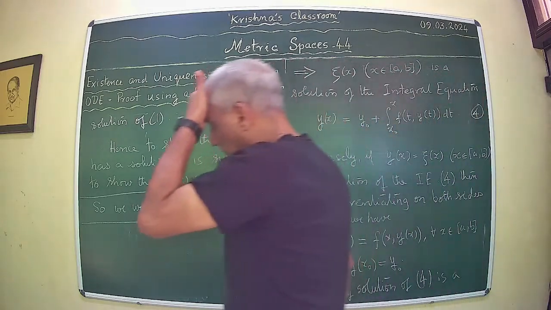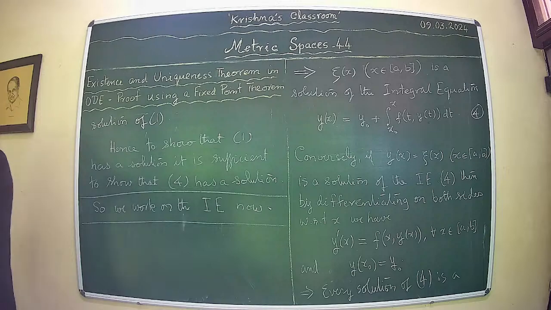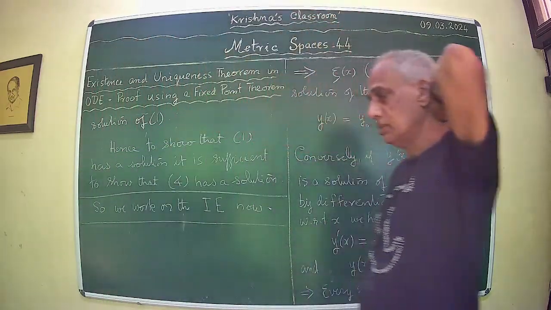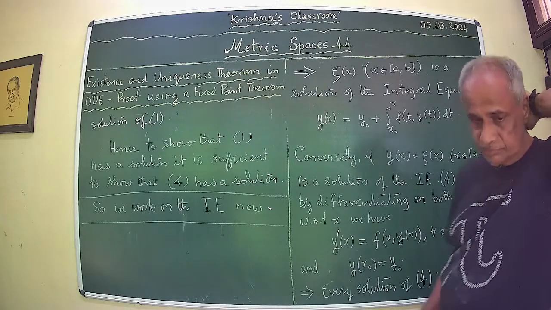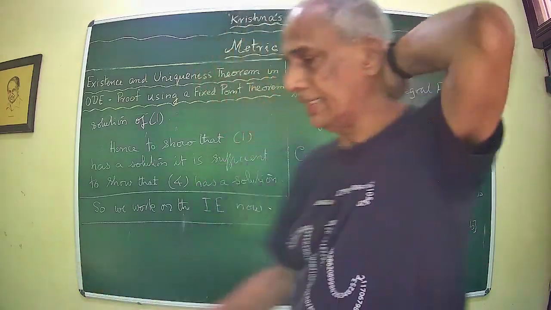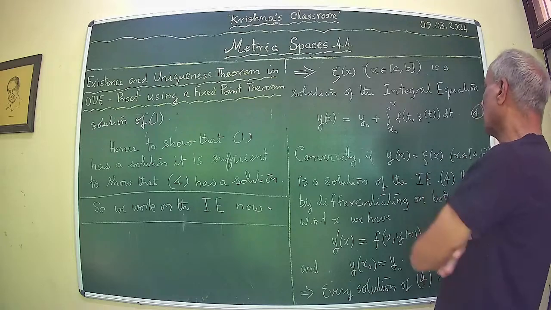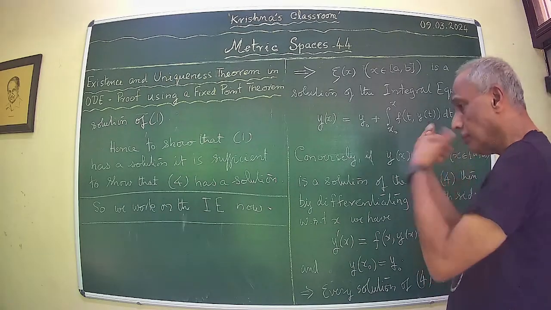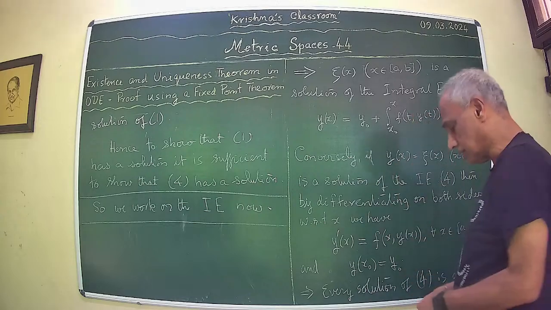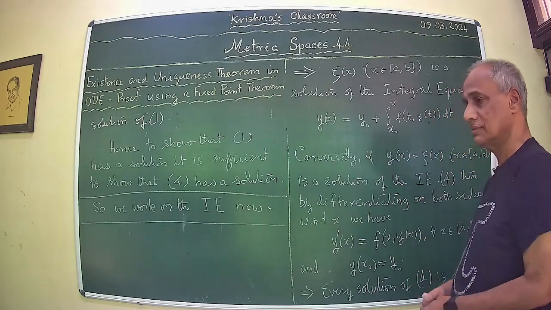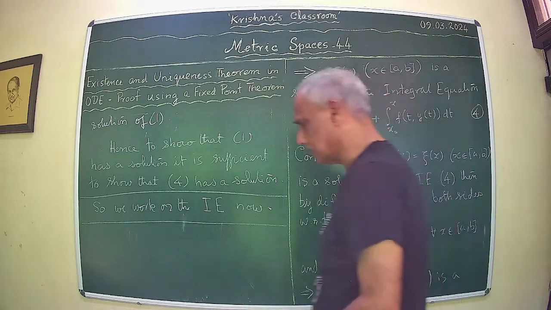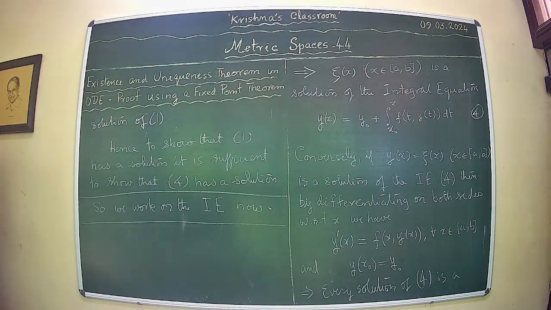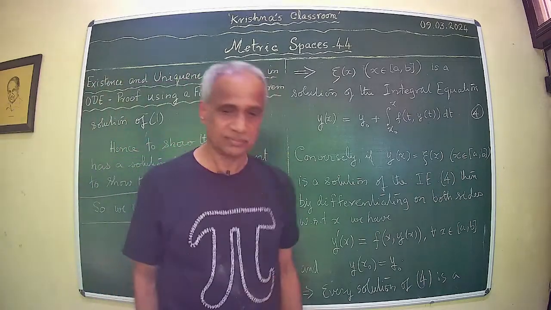Let us look at this problem. Okay. So, what do we have to do? We have to show that there is some interval containing x naught on which a solution of the initial value problem exists, or equivalently a solution of the equivalent integral equation exists.